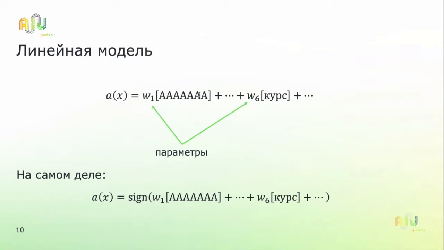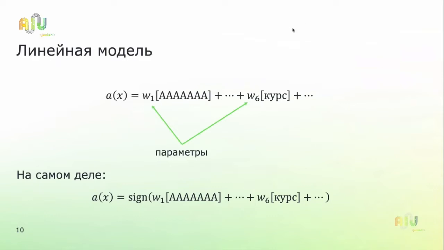If we have something in square brackets, then it means that I put how many times this word is witnessed in the text. So I am taking the word a or wow and multiply it by minus v1, or I take course and multiply it by its weight, and I sum up all these things.